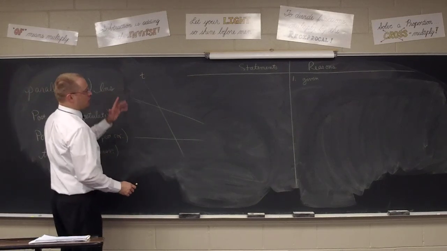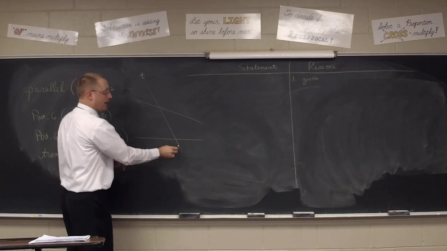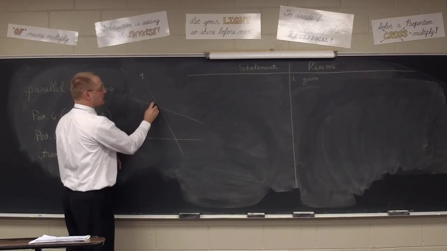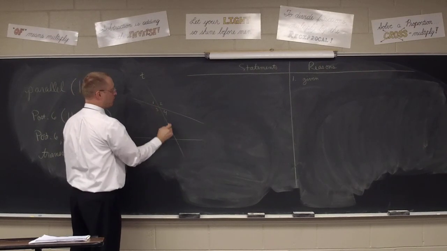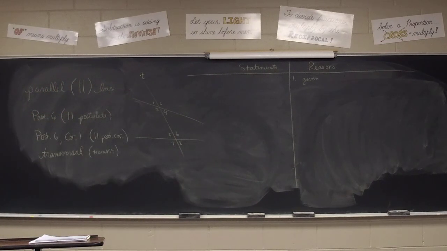Once you've drawn this, what you should have is 4 angles at this point of intersection and 4 angles at this point of intersection. Let's number these 1, 2, 3, 4, 5, 6, 7, 8. So go and number the angles 1 through 8.